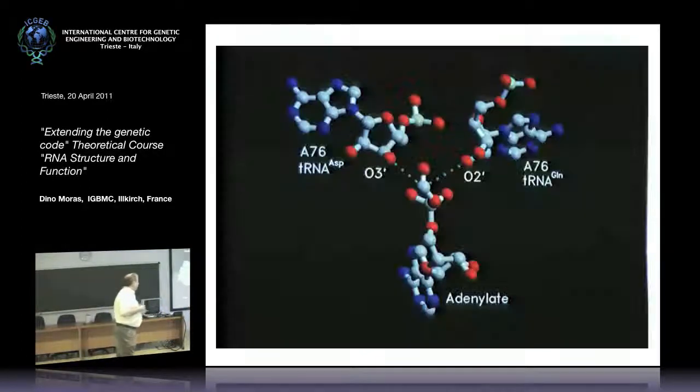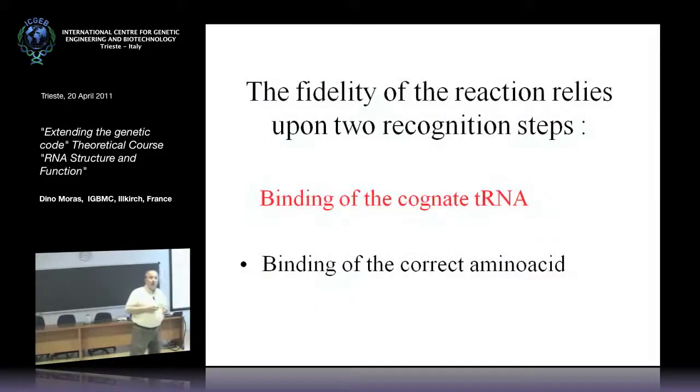I will give you two things. But before going a bit further, just to come back to the problem which pertains to our observation in today's talk, that the fidelity of the reaction requires two recognition steps. The binding of the tRNA, of course, that's an important step, and the binding of the correct amino acid. These are the two conditions.